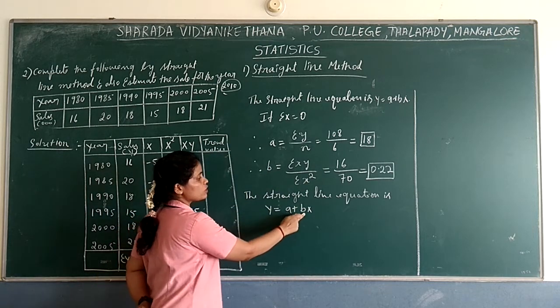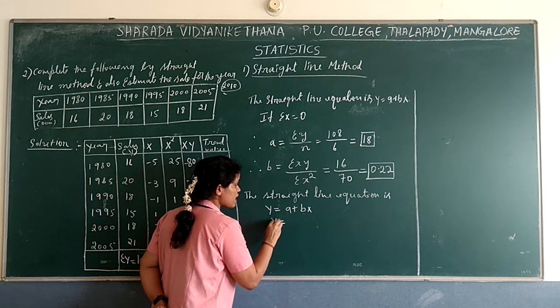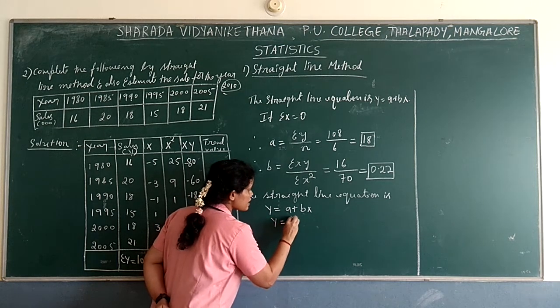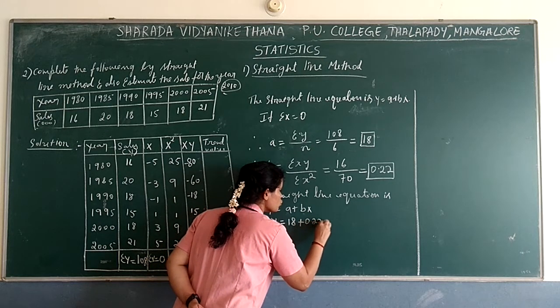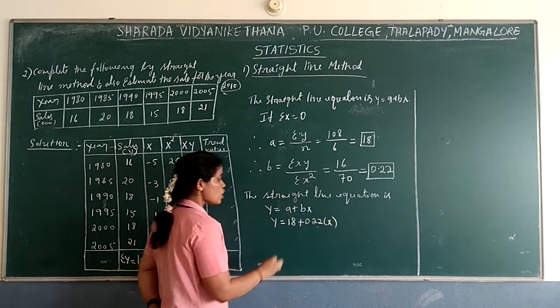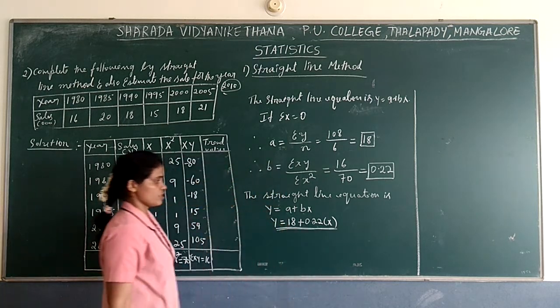After finding the values of these constants, our equation is: a is 18 plus the value of b, 0.22, then x. So this is the equation after getting the values of the two constants.